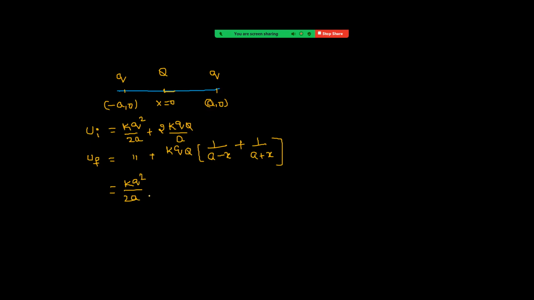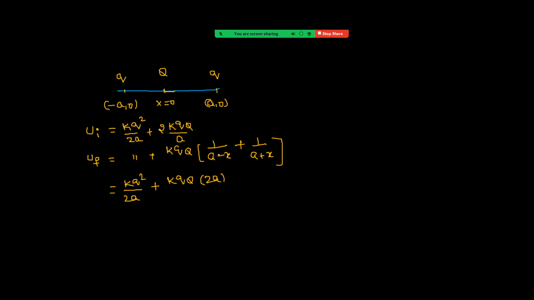That is as usual. Now coming to the next one, k Q into q, a plus x plus a minus x, right? Plus x minus x gets cancelled. Remaining is now 2a.